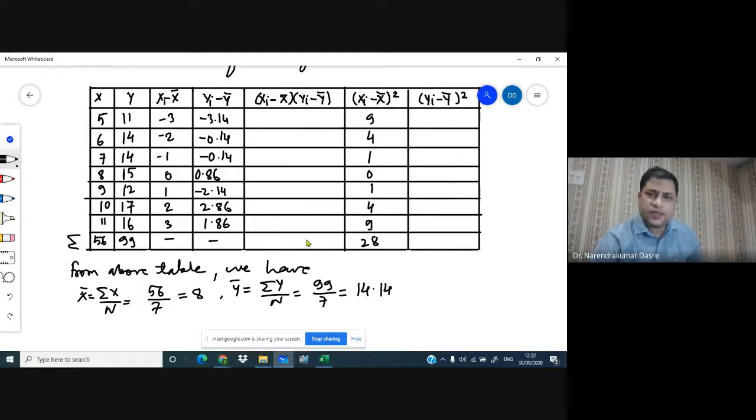We are interested in this sum and this sum, the summation of this term and this term. When you have these entries, only then are you able to get it. So let me know once you are ready with these terms.